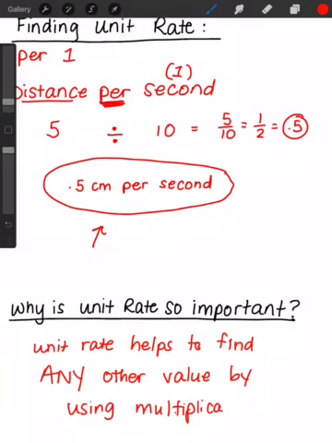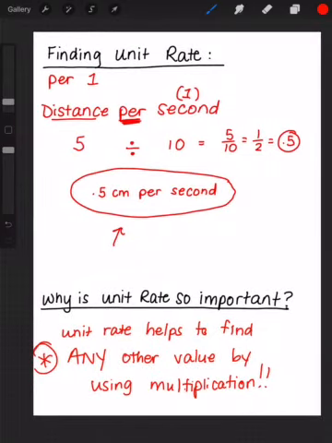Multiplication. Okay. Very, very important. That's why we take the time to do that division to find our unit rate, because once we have our unit rate, we can figure any amount out.